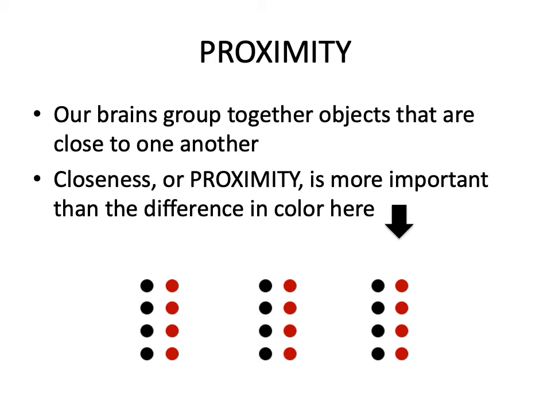The fact that these are close together, and then there's distance, and then this set is close together, and then there's distance, and this set is close together, causes us to overlook that difference and see these as three distinct groups.